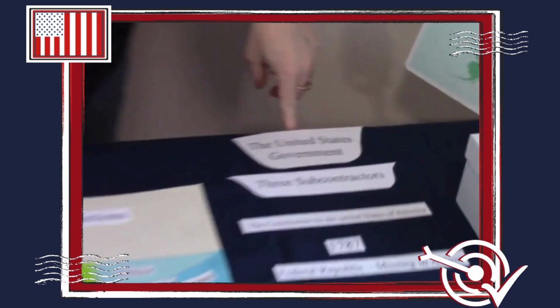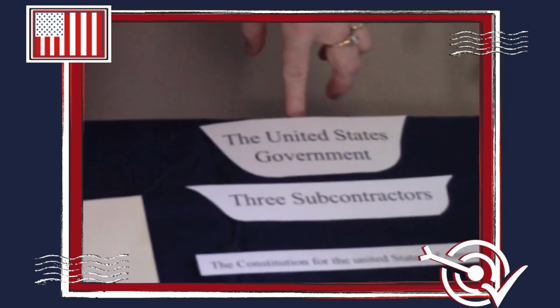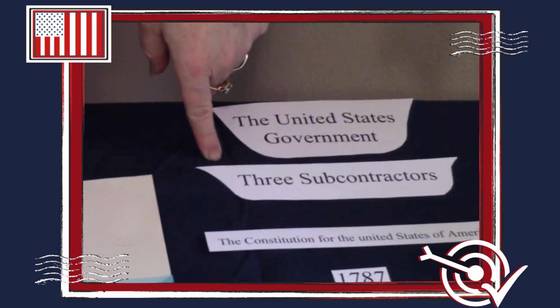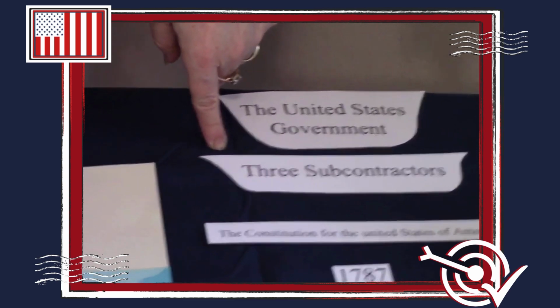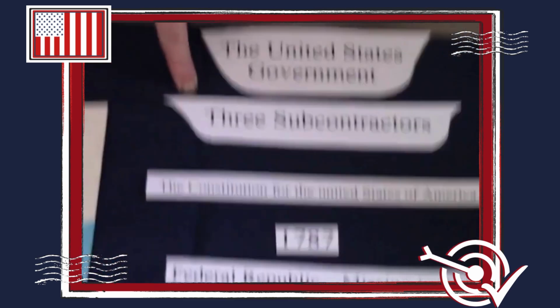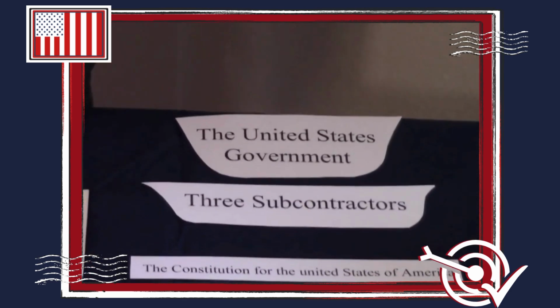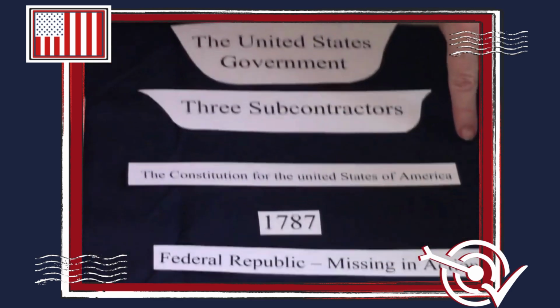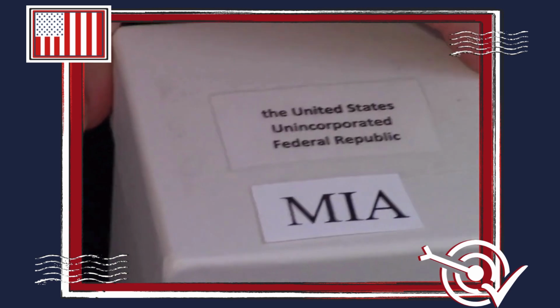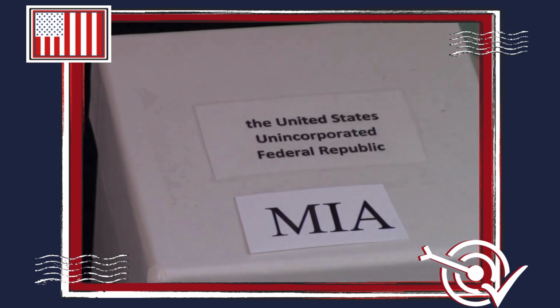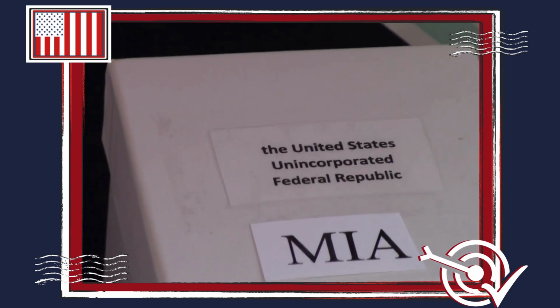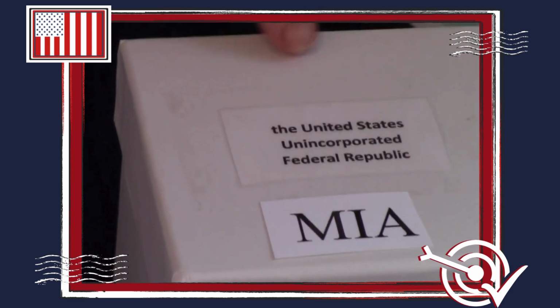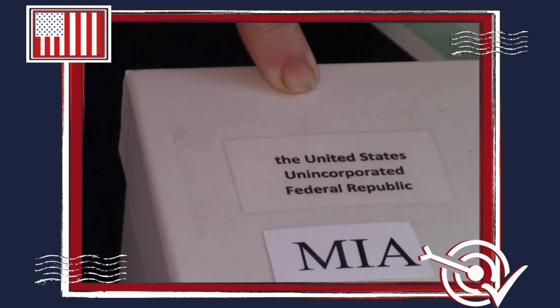In addition, we have the United States government, and that involves three subcontractors, three federal subcontractors, and they all operate under constitutions. Again, here we have the Federal Republic, which was run by the Confederation of States, and it too has been missing in action since the 1860s.